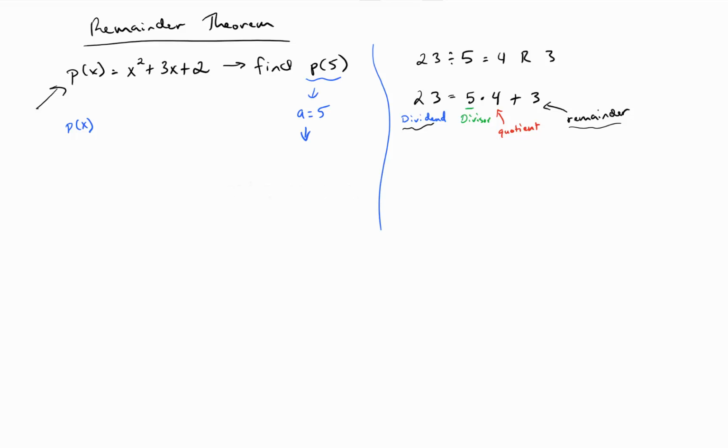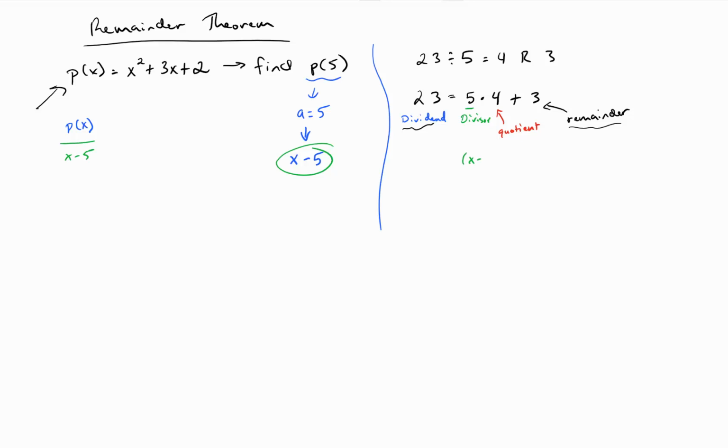So I'm going to divide by, kind of working backward and getting a factor from that, and we're going to have x minus 5, or really x minus a in this case. Okay. So we're going to divide by x minus a, or x minus 5.